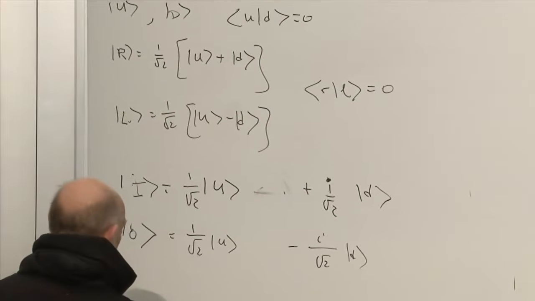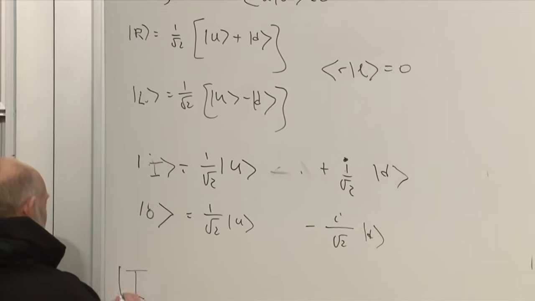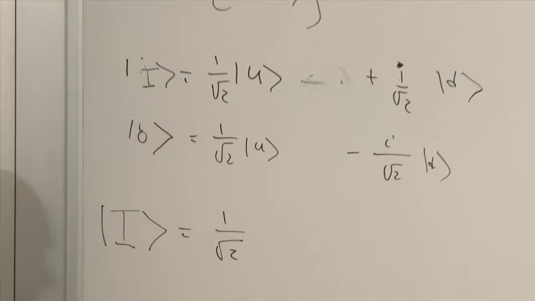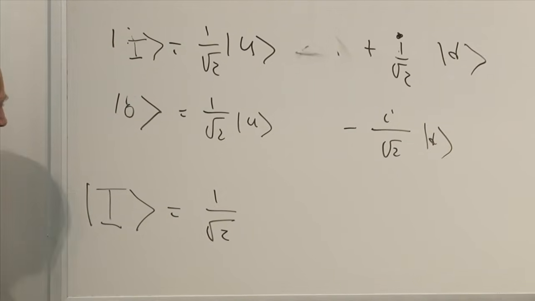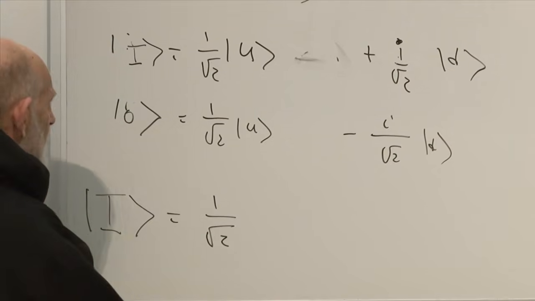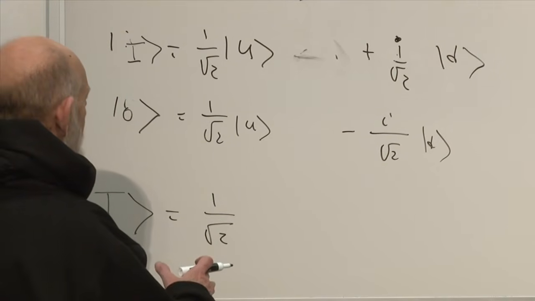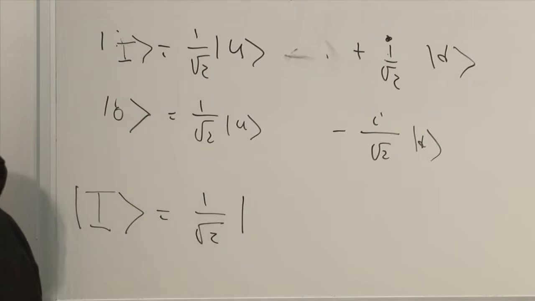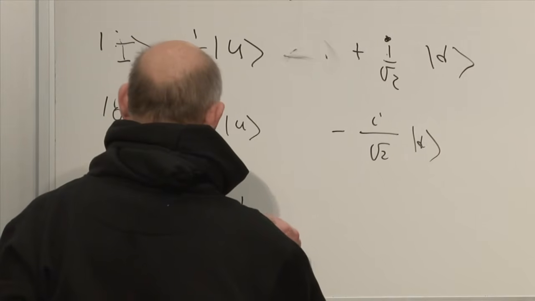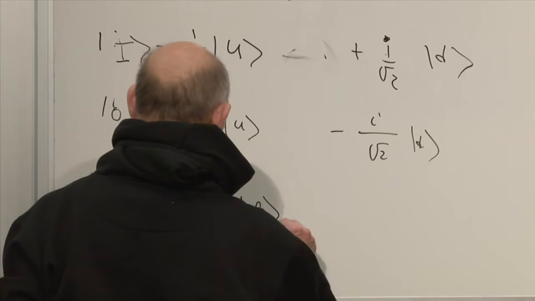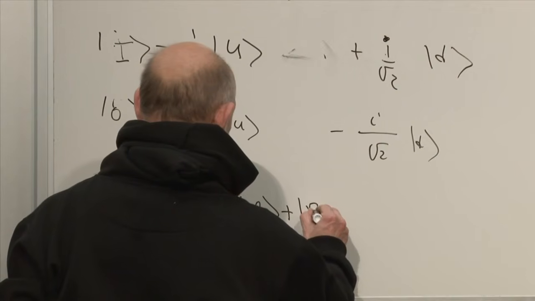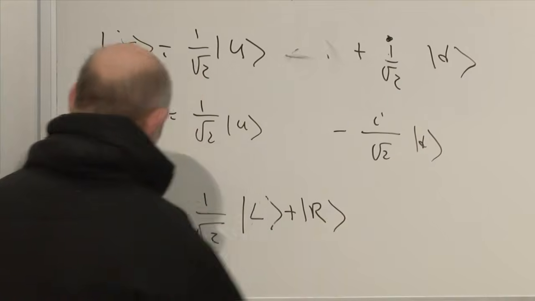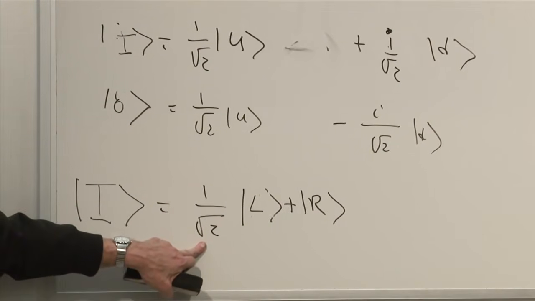So let's see if we can figure out what in is first. In is 1 over the square root of 2 times up. What did I say up was? Up was left plus right, but with another 1 over square root of 2.